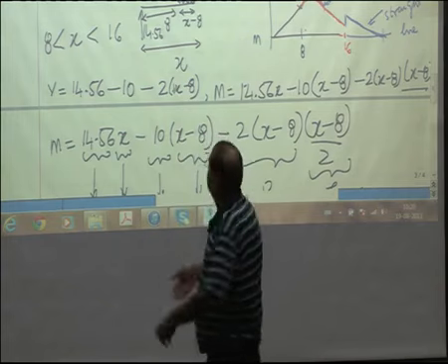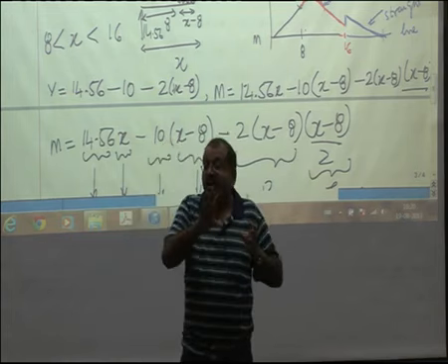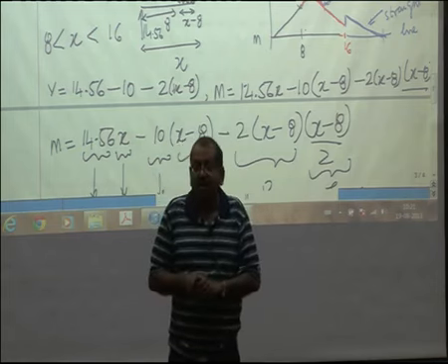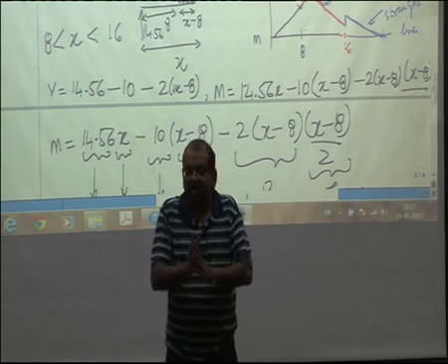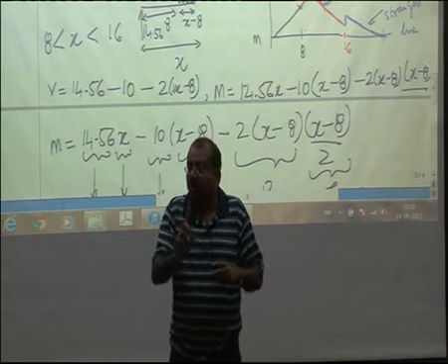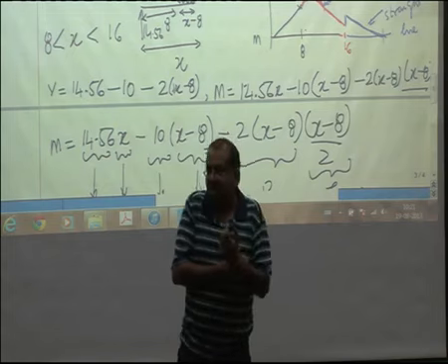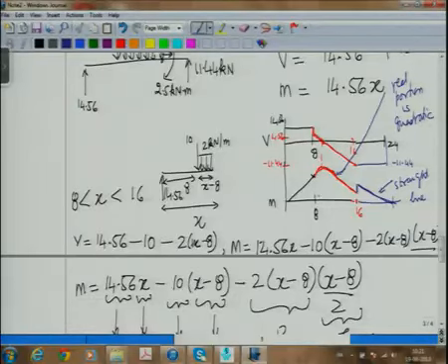Then we learned that if there is a concentrated moment, effectively it does nothing to the shear force diagram, but in the bending moment diagram it creates a jump, just as a point force creates a jump in the shear force diagram. So with these simple rules we can work out the concept of shear force and bending moment and the diagrams. Is that clear?